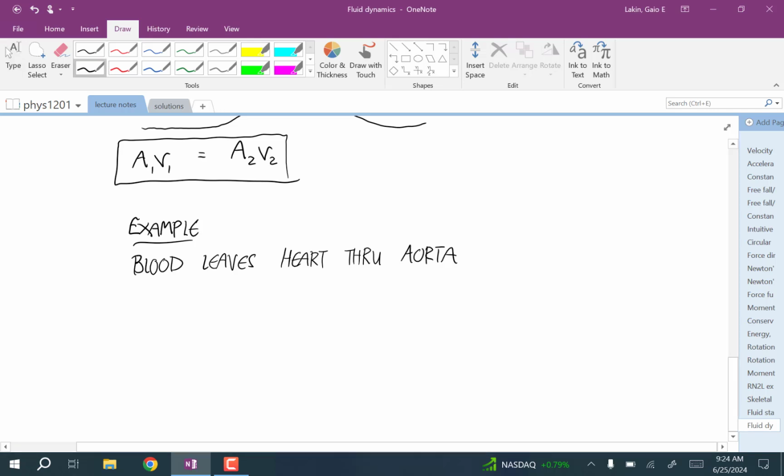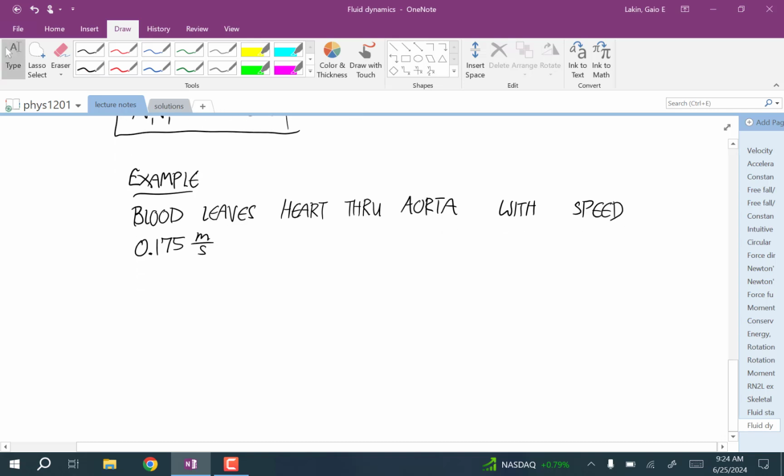And as it goes through the aorta, it has a speed of about 0.175 meters per second, given that the aorta has a radius of 9 millimeters, so its diameter is 18 millimeters, 1.8 centimeters.